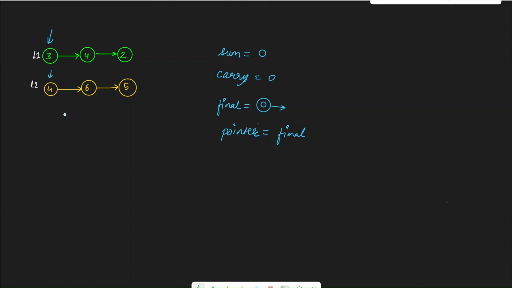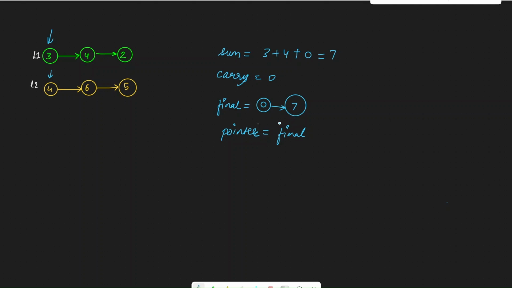Currently I am at these positions. To calculate the sum, I will do 3 plus 4 plus carryover, which is 0, and that will be equal to 7. This 7, because it is a single digit, will go into my final. So I will add 7 over here and carryover is still 0. Using this pointer, we were able to add to final.